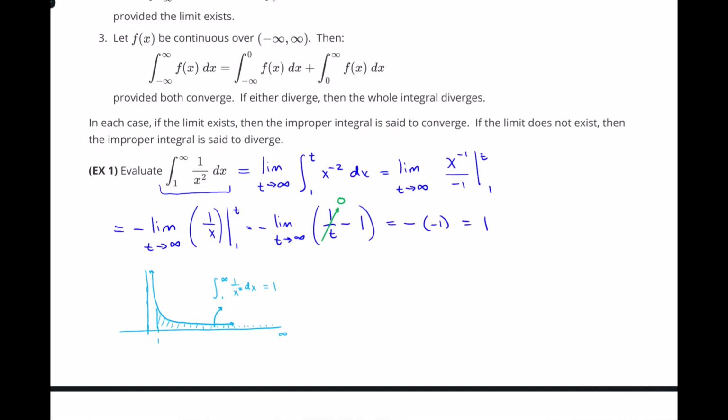And the mathematics supports this, but perhaps the logic doesn't. You might want to stop and think about that for a minute. We have a region here that is infinitely defined. So it goes to infinity. And yet the total area of this region is finite, which is 1.